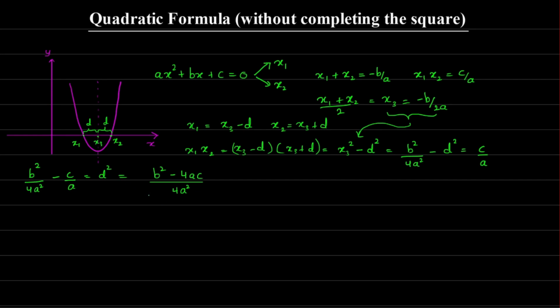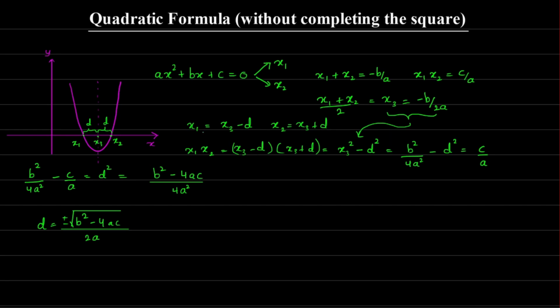Now by taking the square root, we get d equals the square root of b squared minus 4ac, and we need to remember plus or minus, divided by the square root of 4a squared, which is equal to 2a.